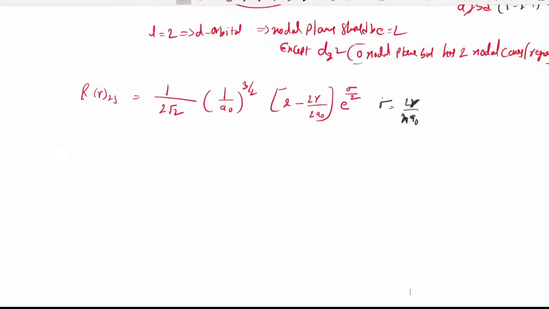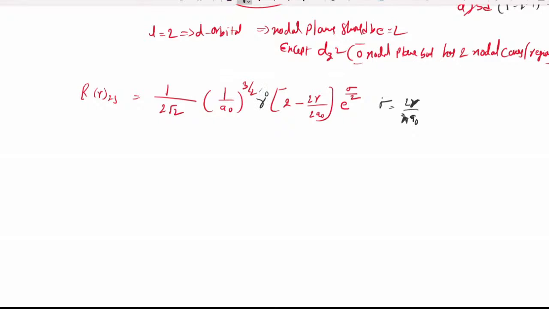Sir, how can you identify this as a 2s orbital? Yes, I can identify this as a 2s orbital. Here, is r power anything there?